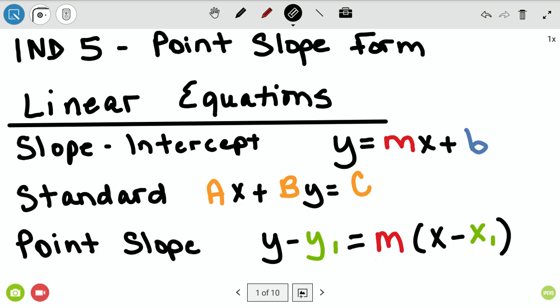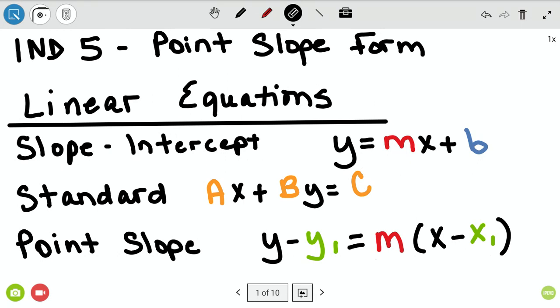So in order to write an equation in mx + b, you need an m and you need a b. Right? And the name slope-intercept tells you need a slope and an intercept. Okay, so those are the two bits of information that you need in order to write an equation in slope-intercept.